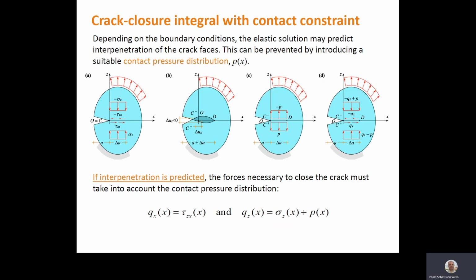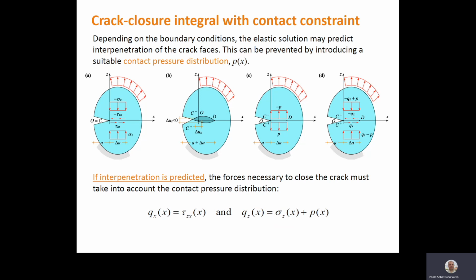It may happen that depending on the restraints and loading boundary conditions, the elastic solution may predict interpenetration of the crack faces. Figure A again shows a cracked body with an initial crack of length A. Figure B shows the extended crack, and in this case the crack tip point C splits into 2 points, C plus and C minus, which undergo a negative relative displacement delta Uz in the z direction.